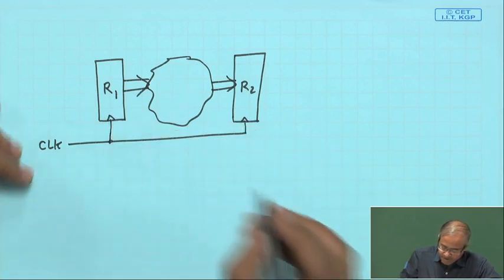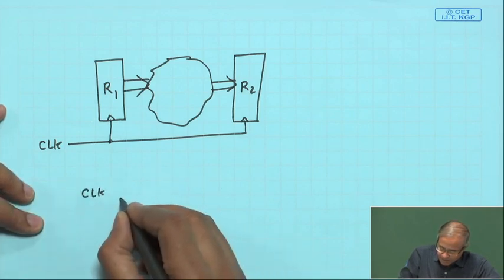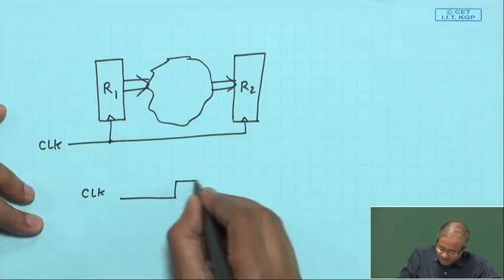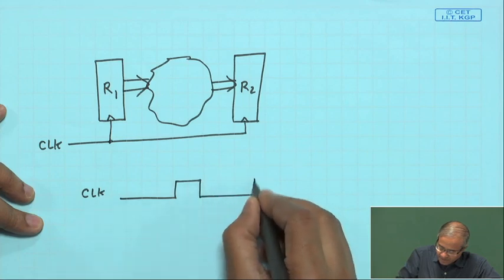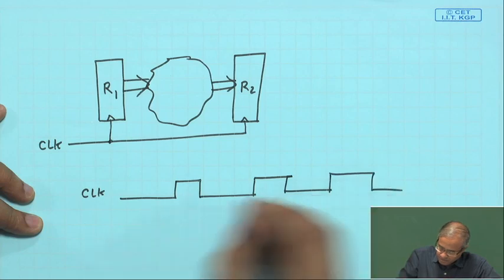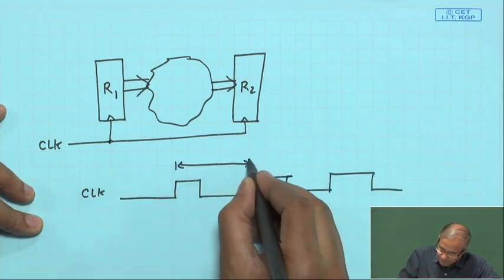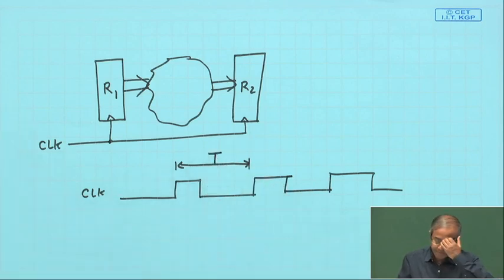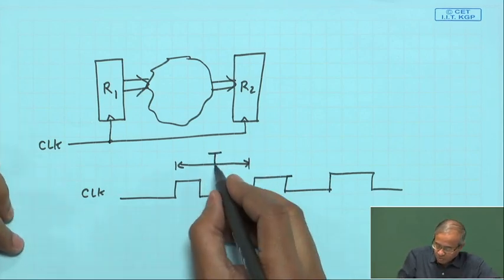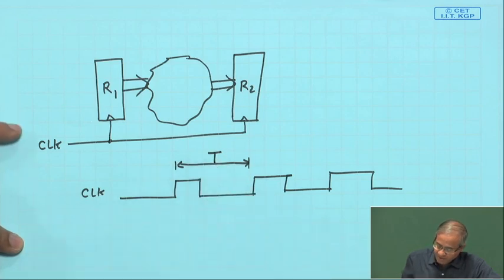There is a clock which is feeding both these registers. The clock will have a certain time period, let us say capital T. Now, on what factors will this time T depend?